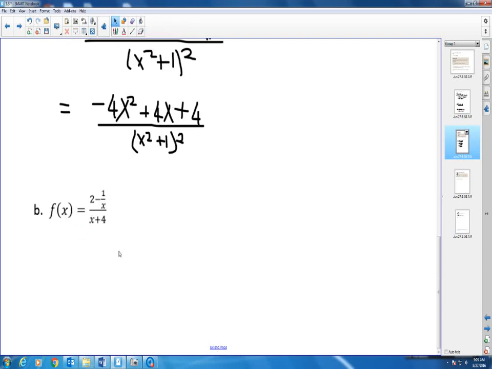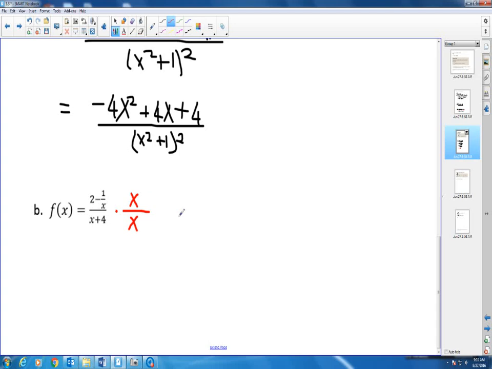Now this example will require me to simplify first because I do have a fraction within the fraction. So let me clean this out a little bit. Let me rewrite this problem. Since the LCD is x between the top and the bottom, I will multiply both top and bottom by x.